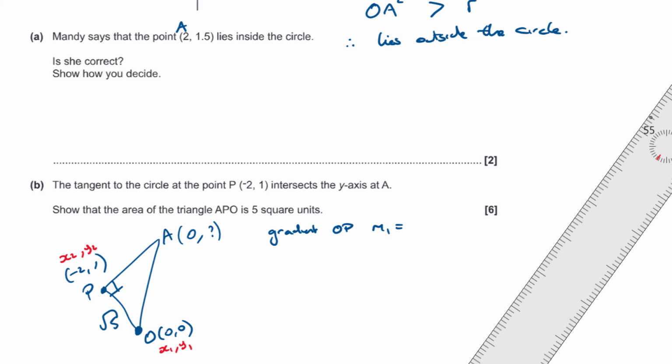So the gradient is change in Y, Y2 minus Y1 over X2 minus X1. So that is Y2, which is 1, minus 0, divided by X2, which is 2, subtract 0. So that's going to be negative a half then, isn't it? So that equals minus a half.